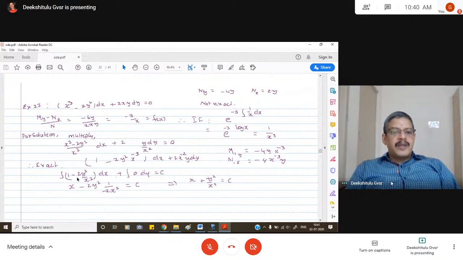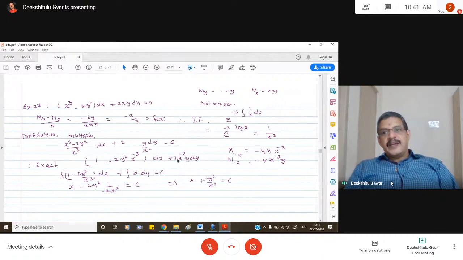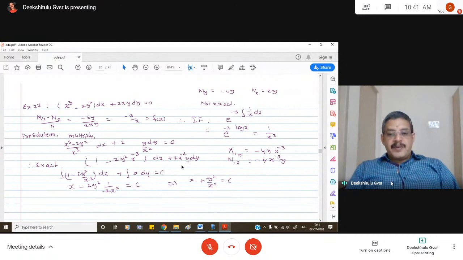So integral of M dx, assuming y as constant, plus integral with respect to y of the terms independent of x in N. So we don't have any terms here independent of x. We have only one term that is having x here. So if you integrate, this is what we get.